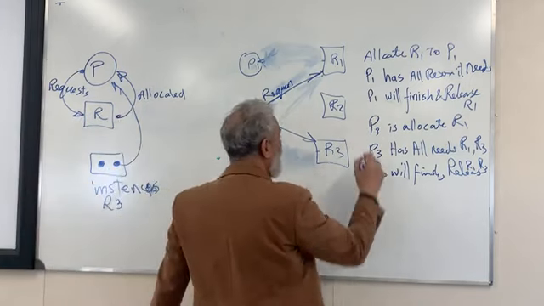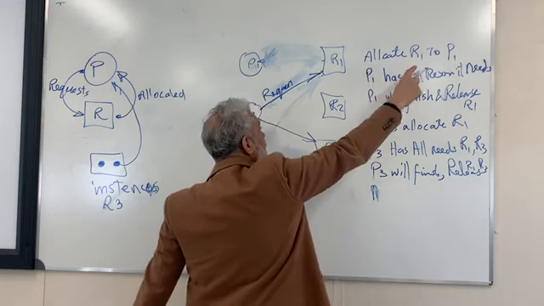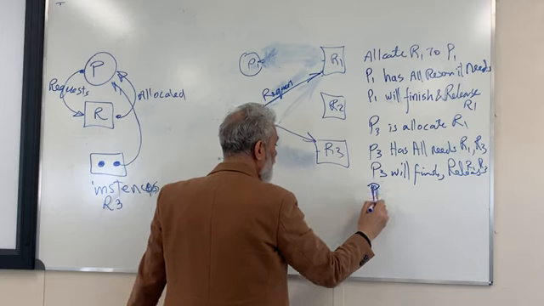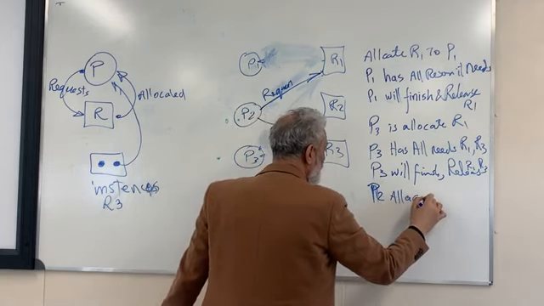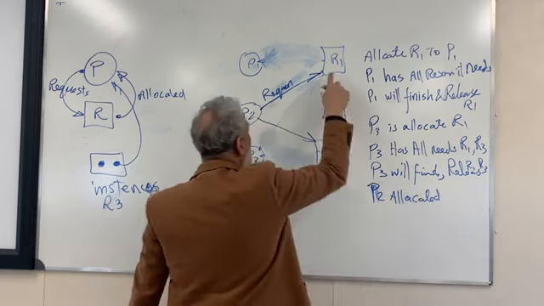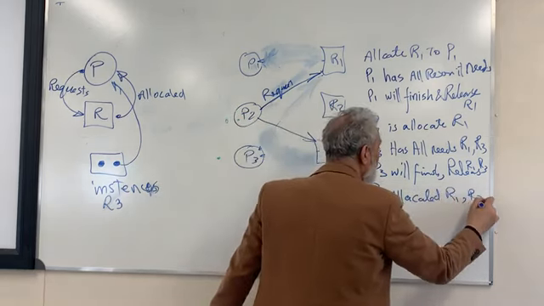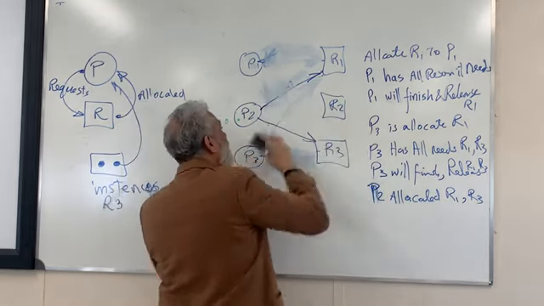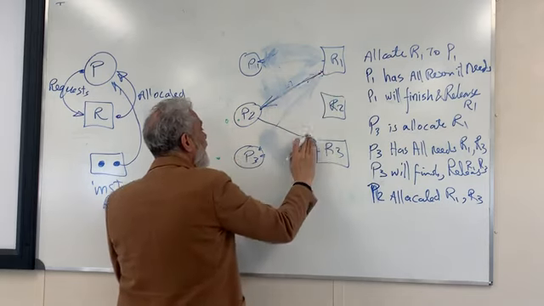So now we allocate. You say process 2 now is allocated these 2 resources, resource 1 and resource 3. That means it was requesting, it's no longer requesting, it's now allocated to it.